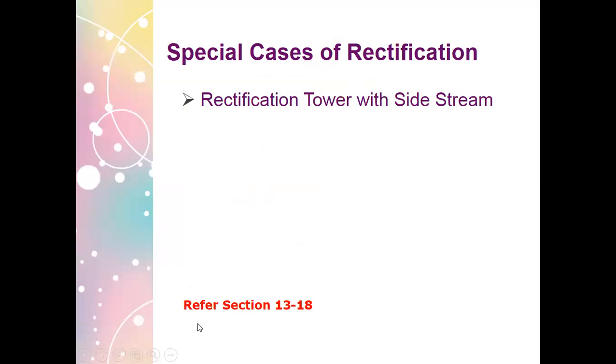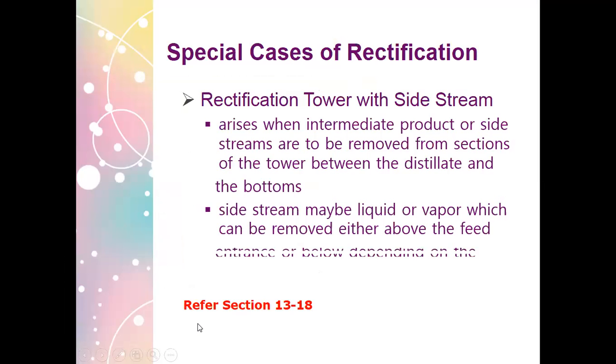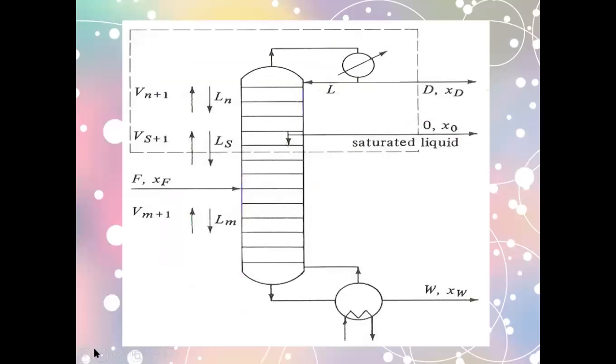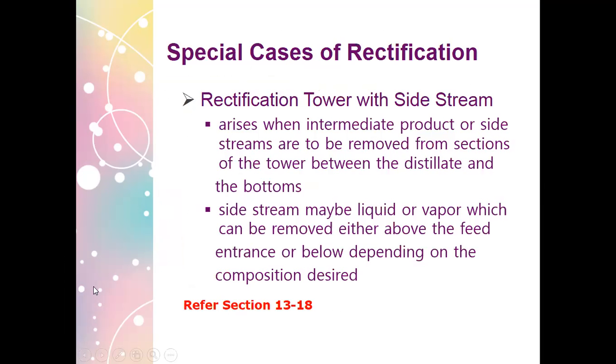Okay, we also have this one, but this is not being covered anymore in the course because of the complexity of the operation itself. But this is the real thing that happens in the industry, especially when we have a fractionating column in the refining process for crude oil. There are side streams, not only one side stream, but several side streams wherein products are withdrawn, depending on the particular quality or type of product that needs to be taken from the column.